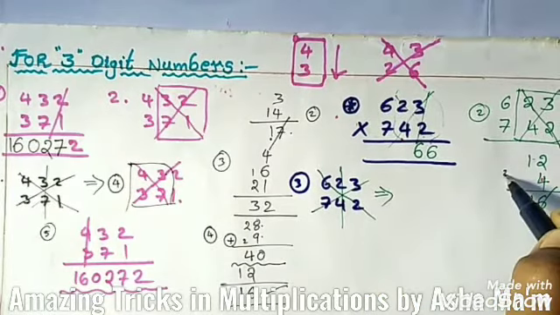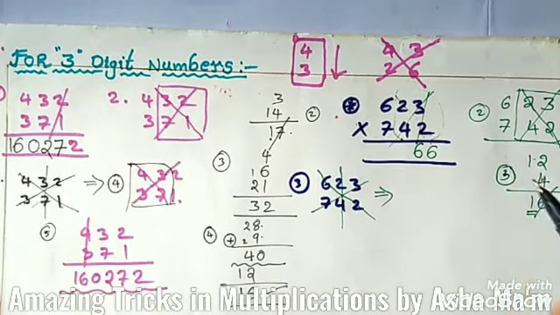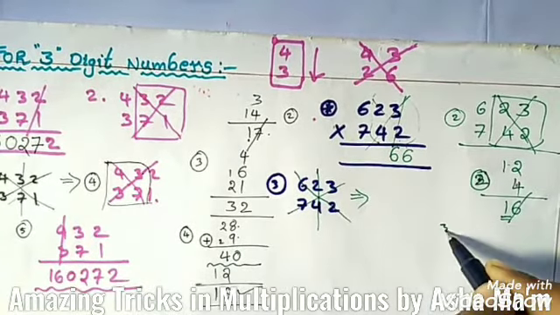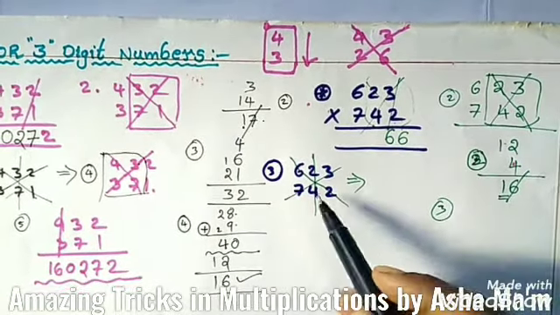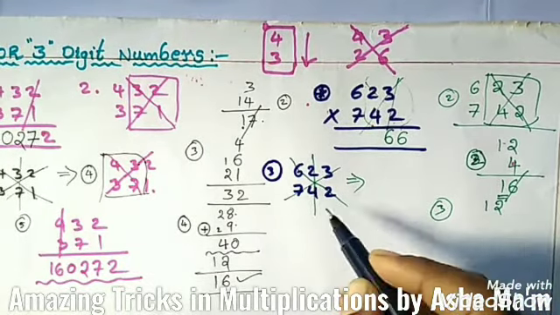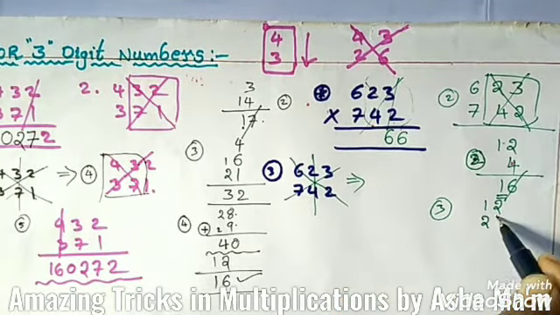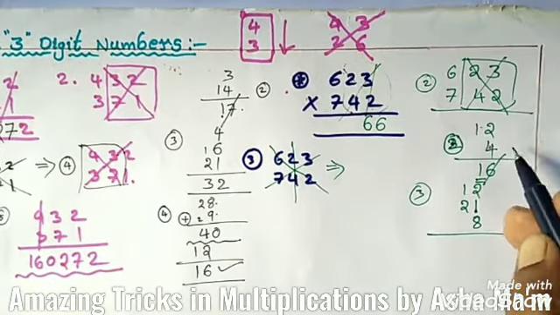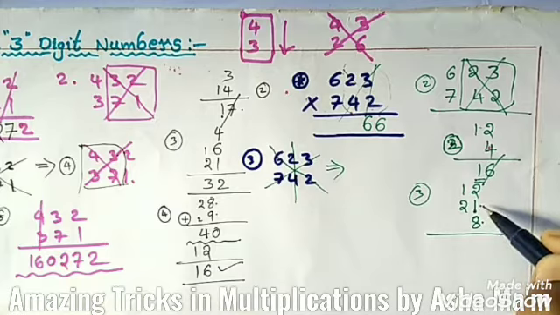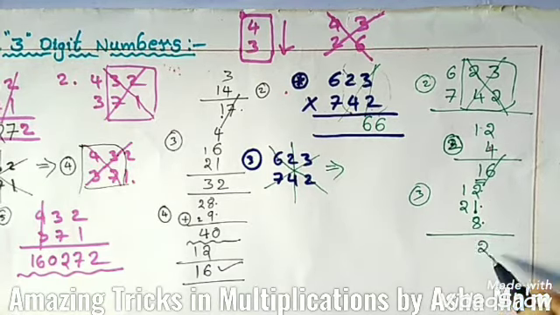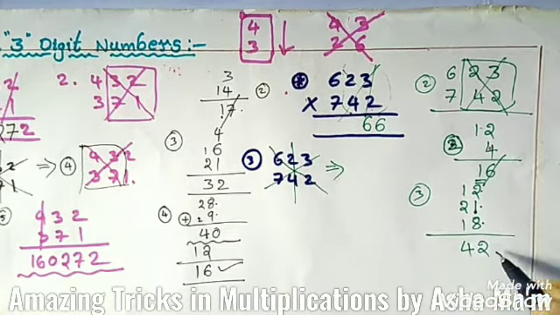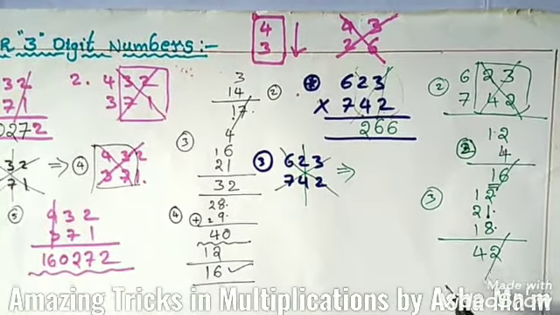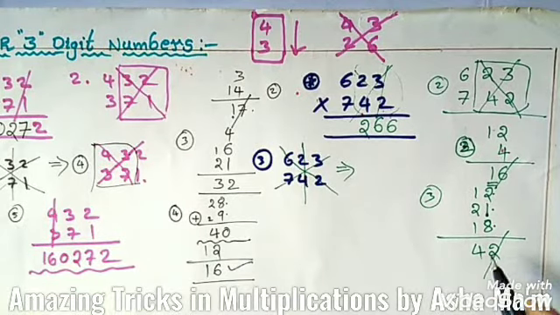Then students, now in the third case, 6 2s are 12 plus 7 3s are 21, plus 2 4s are 8. Now you have to add 8 plus 1 is 9, 10, 11, 12, 42. In this 42, 2 you have to write here, 4 should be carried forward.